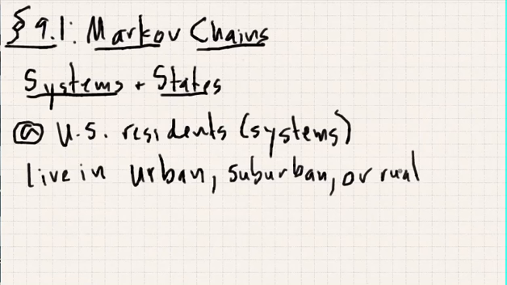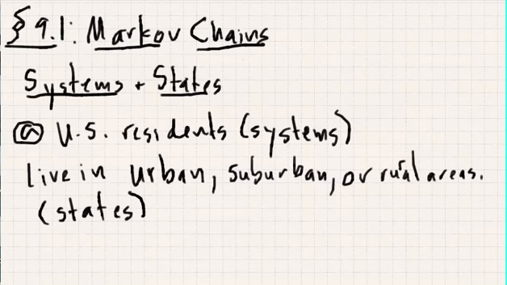These are the states, the different possible circumstances in which they can live. If you follow one person year after year, maybe they keep living in the city, but maybe they move to the suburbs, or maybe they move out to the sticks, who knows. But the systems are each person, and they can live in one of these states.